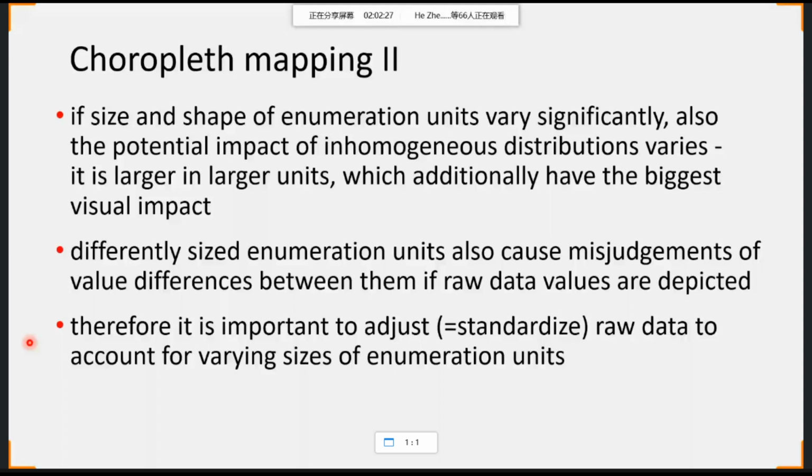This is why we have to standardize data, to make data better comparable, because the units are different. Here it's not so much about the size, because we talk about people. So it's about the population numbers. There are some small areas like Singapore where the population is relatively high, but there are other areas quite big with low population, like Russia.